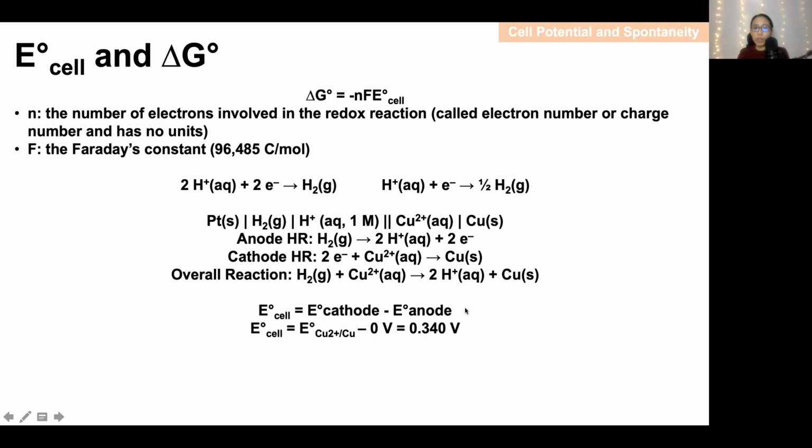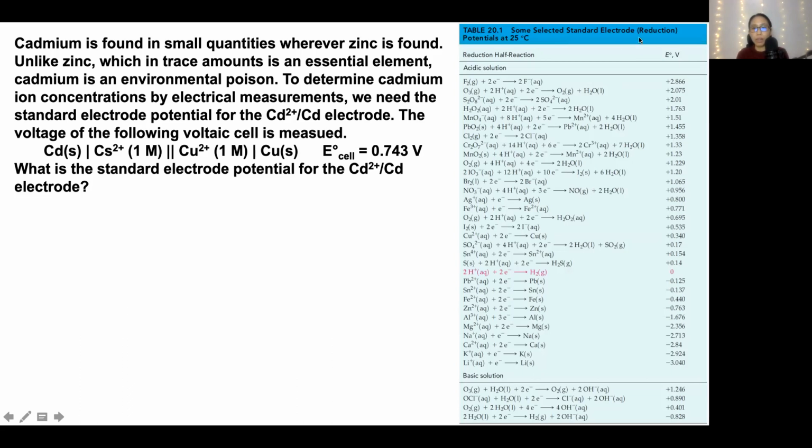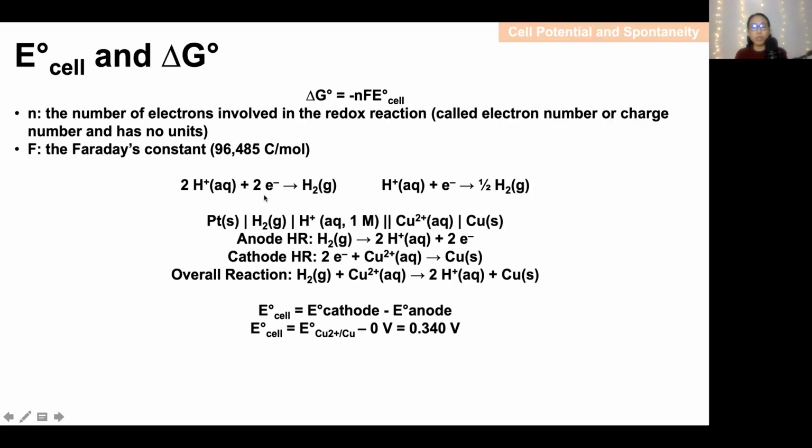Okay, so hopefully you appreciated this table of standard reduction potentials. Now let's go to the relationship of electrochemistry and thermodynamics. In particular, the thermodynamic quantity we are considering is the change in Gibbs free energy. The formula is straightforwardly given.